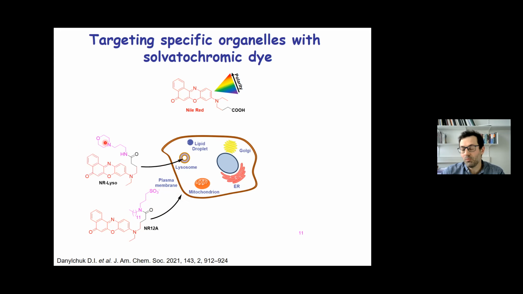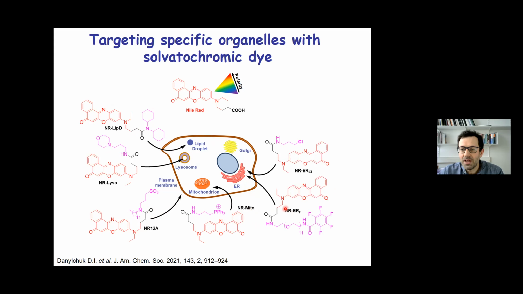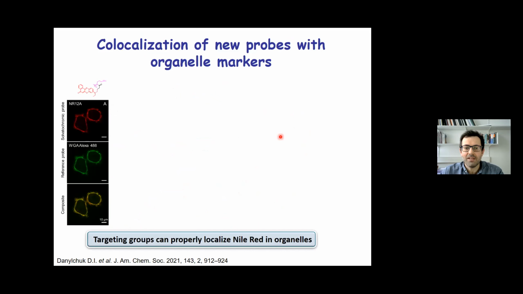For lysosome, we use a special group that will be protonated and accumulate in lysosome, then a hydrophobic group for lipid droplets, then a charged group for mitochondria, then different reactive groups to target ER, the endoplasmic reticulum, and a lipophilic chain to target Golgi. And we were lucky, all these molecules worked well.